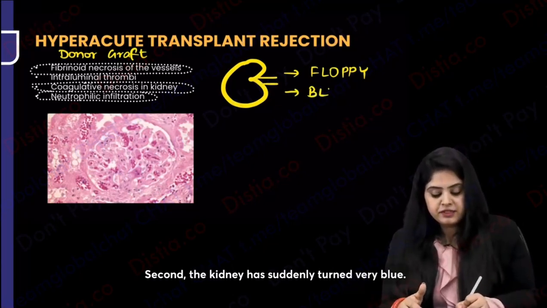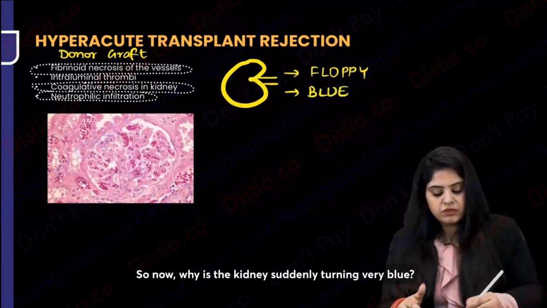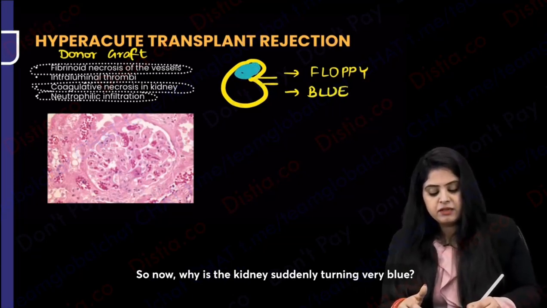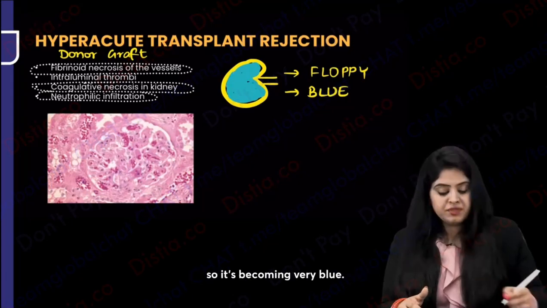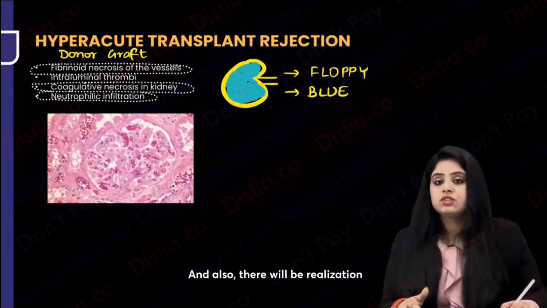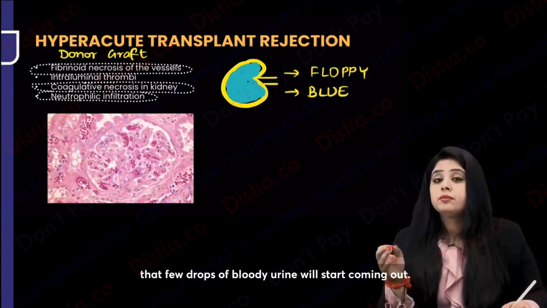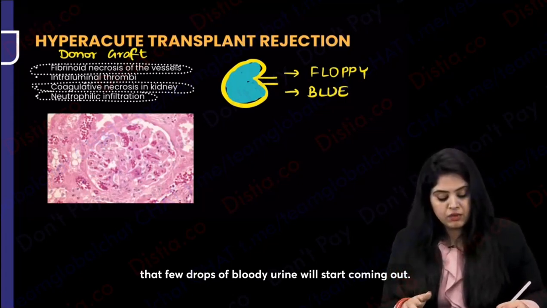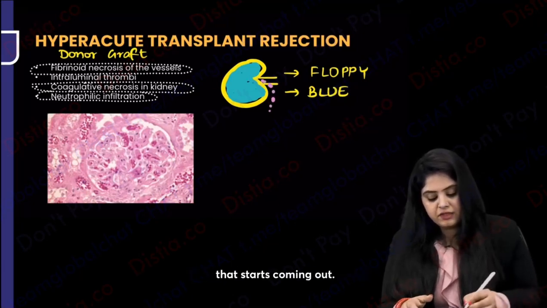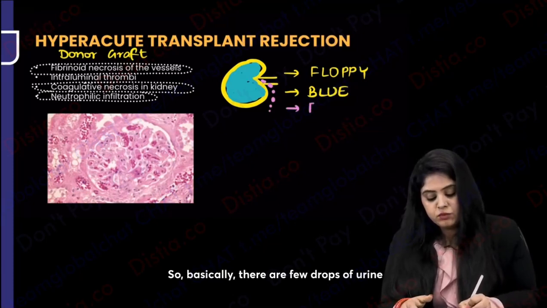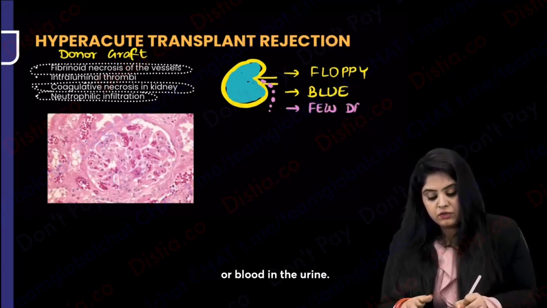Second, the kidney has suddenly turned very, very blue. So now, why is the kidney suddenly turning very blue? Because it has not got blood supply. Everything is dying, all necrosis is occurring, so it's becoming very, very blue. And also there will be realization that a few drops of bloody urine will start coming out. So there are a few drops of blood in the urine that you are going to see.